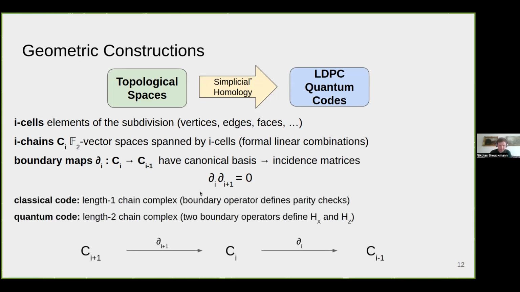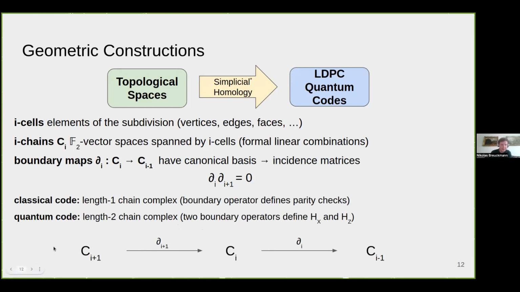Okay, so what does this have to do with coding theory? First of all, if we only have a single boundary operator, this condition is trivially fulfilled, and I can define classical codes as length 1 chain complexes. A chain complex is just this diagram where I take the i-chains and draw the arrows of the boundary operators, or boundary maps, going between them.